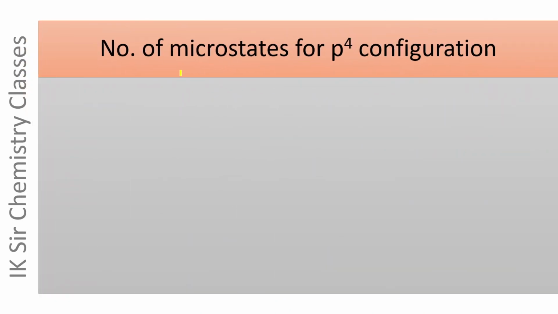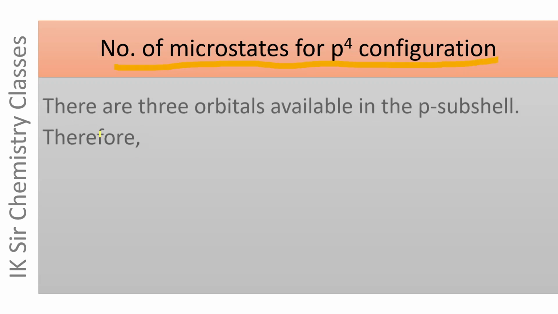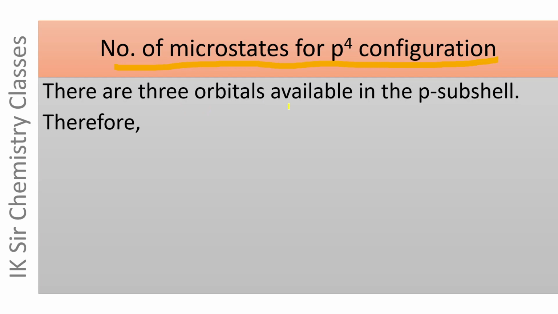Let us now calculate the number of microstates for p4 electronic configuration. There are 3 orbitals available in the p subshell.